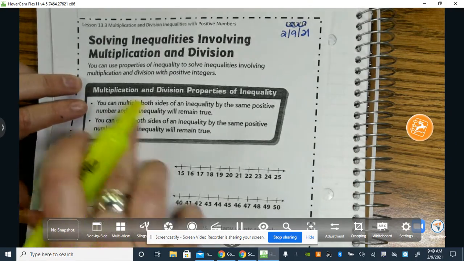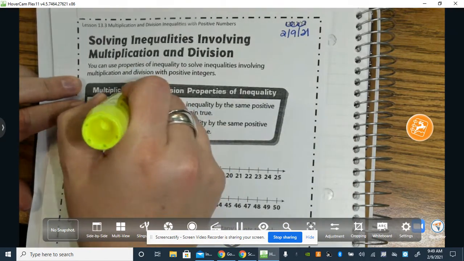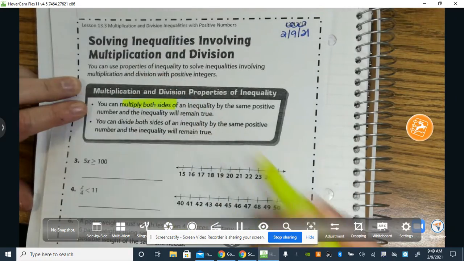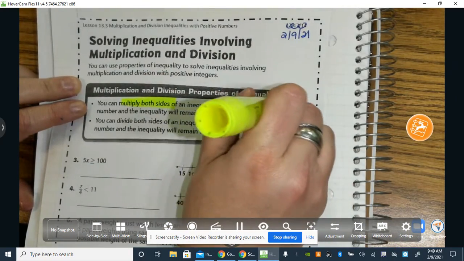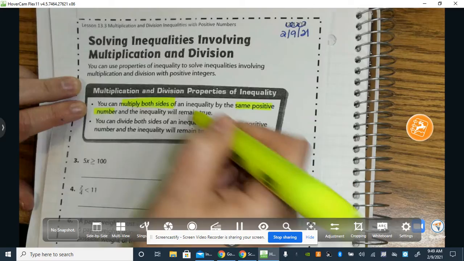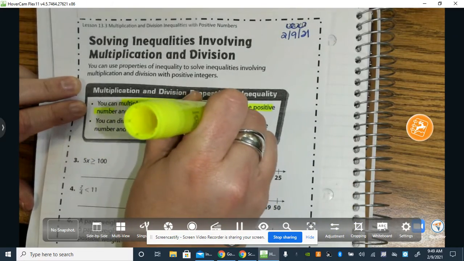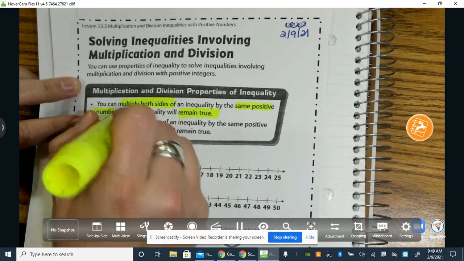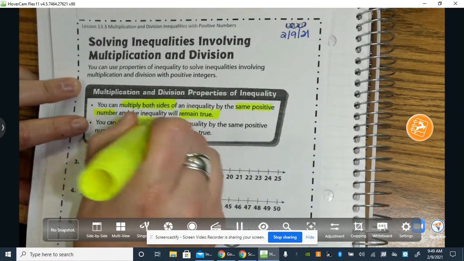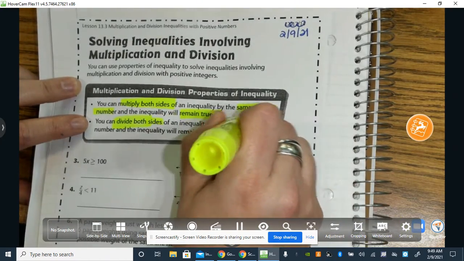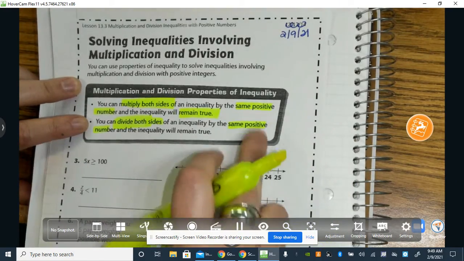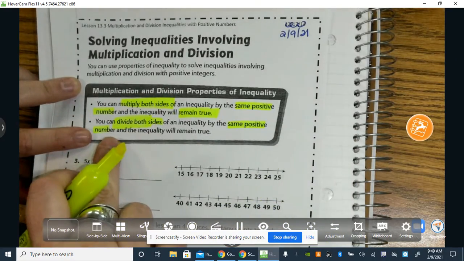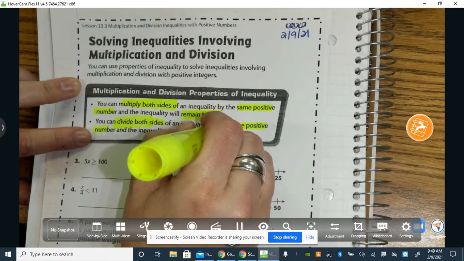So with our properties, you can multiply both sides of an inequality by the same positive number, and the inequality will remain true. Okay? You can divide both sides of an inequality by the same positive number. I'm emphasizing positive here, guys, and the inequality will remain true.